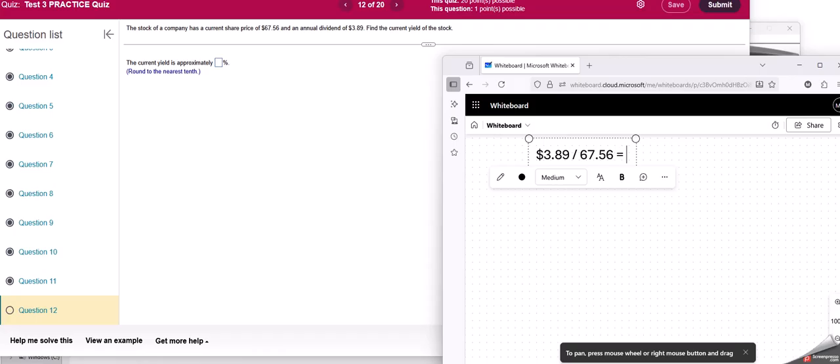So 3.89 divided by 67.56 gives us 0.05757, or 5.8% if they're having me round to the nearest tenth.